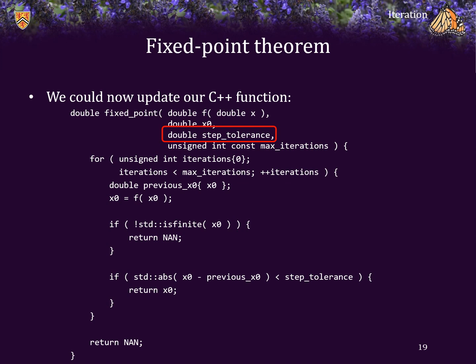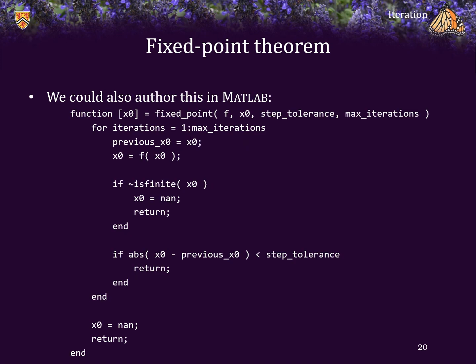So let's put the more important one first. Now, if the absolute value of the difference between x0 and the previous x0 is less than this step tolerance, we're going to return x0. We could also update this in MATLAB, adding a step tolerance parameter and then returning if the difference between our current approximation and our previous approximation is less than this tolerance.